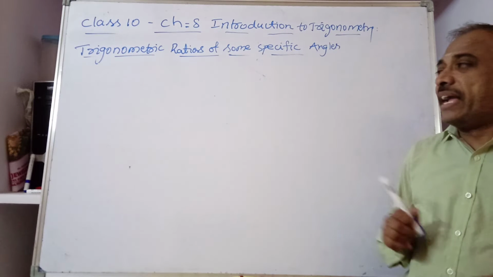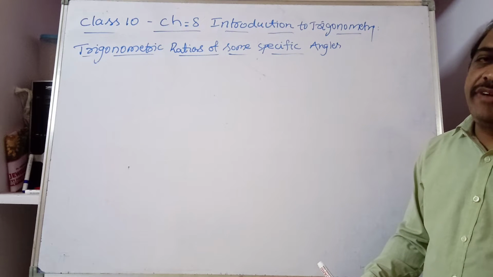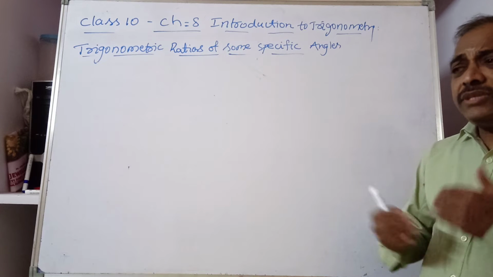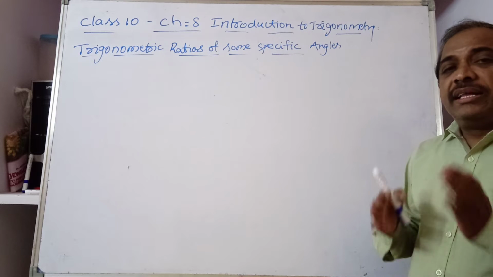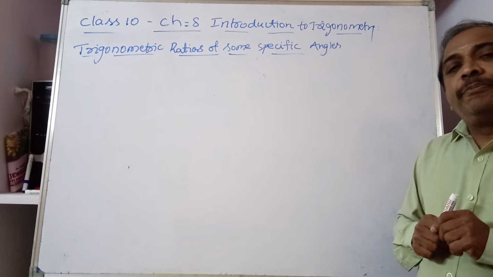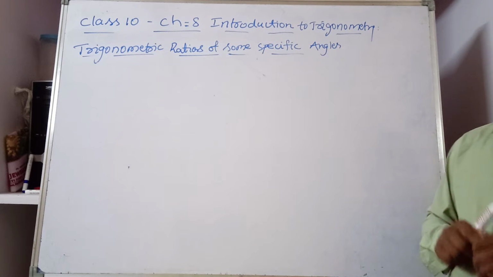That is today's topic. We are going to discuss trigonometric ratios of some specific angles. What are these specific angles? Here in class 10, we will be discussing the angles in trigonometry, that is 0 degrees, 30 degrees, 45 degrees, 60 and 90.